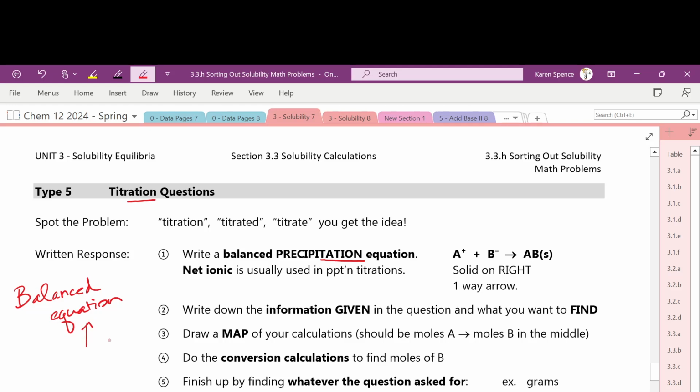Balanced, but also a balanced precipitation equation. So is that a one-way arrow or a two-way arrow? One way. Where does your solid go? On the right. On the right.